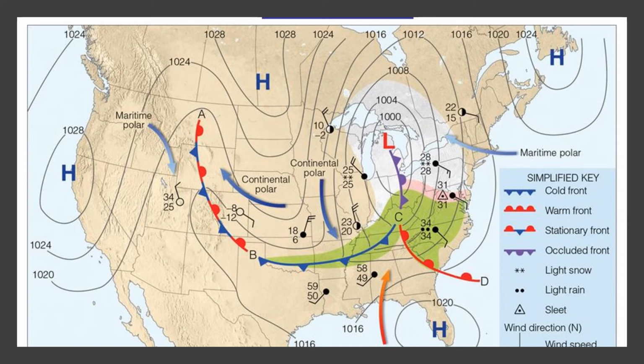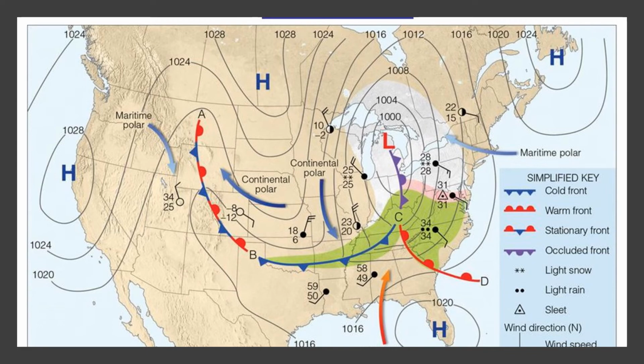Green shaded areas represent rain. Pink shaded areas represent freezing rain and sleet. White shaded areas represent snow. So we have to be familiar with all these symbols, and we already know some of them.